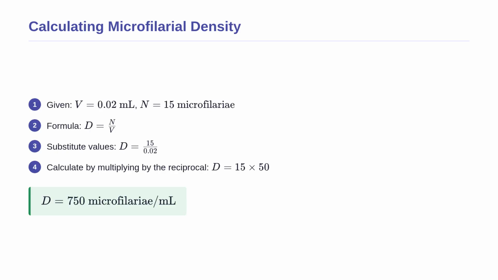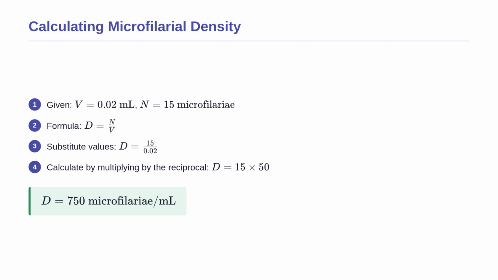Now that we have our formula, let us see this with a concrete example. A doctor takes a thick blood smear with a volume of 0.02 milliliters at midnight. Under the microscope, the technician counts 15 microfilaria. We are asked to find the microfilarial density.